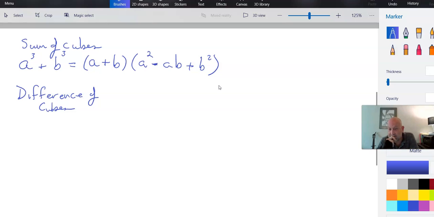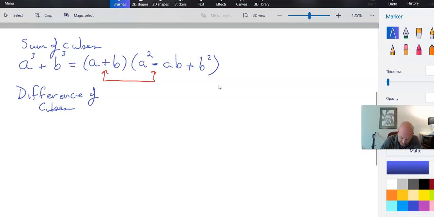Here's the thing about the positives and negatives. It actually turns out in the difference of cubes, the only difference between the two formulas are these two signs right here. Those are switched, right? Both signs are flipped with the difference formula. You'll see here in a moment. So if you memorize one formula and then remember how it changes to the other one, you only need to memorize one formula.